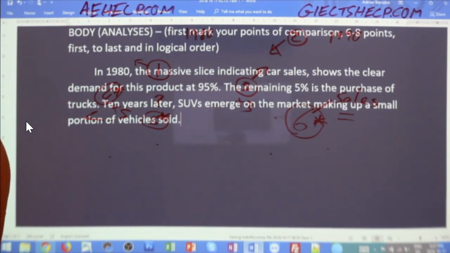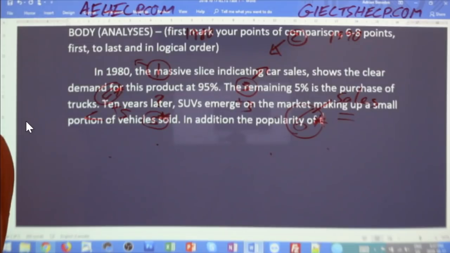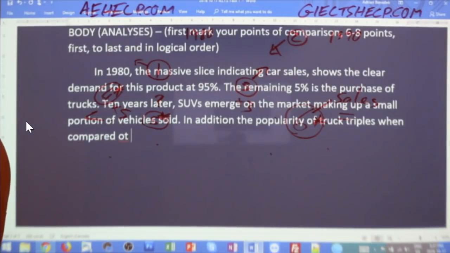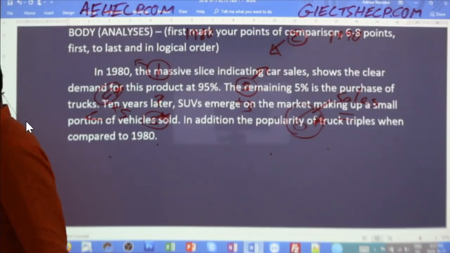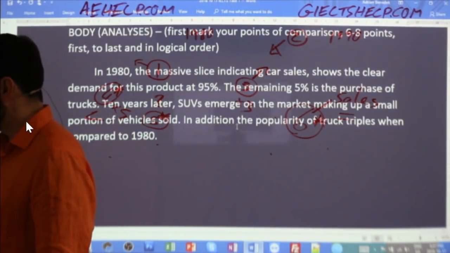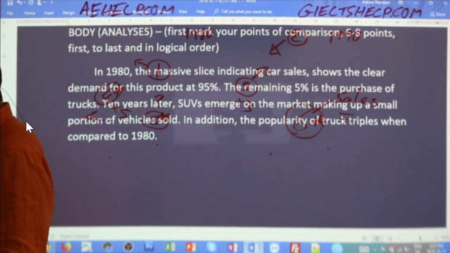In addition, the popularity of trucks triples when compared to 1980. So here I'm adding that point number 3.